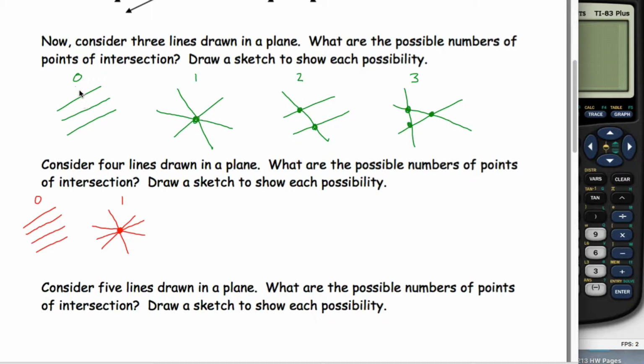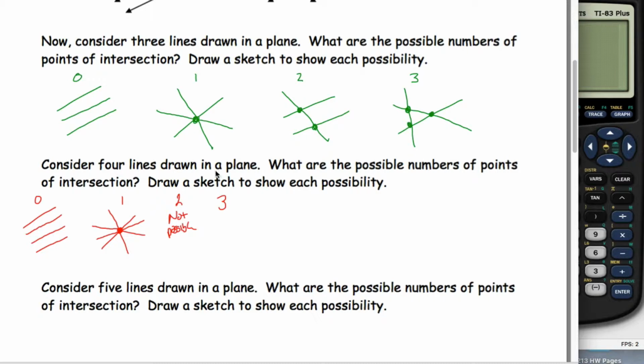If I put in a line that's parallel to any of these, it's parallel to all of them, and I'm in the 0 case. So what about 1? My only options are I could draw a line that goes right through the point I already have. Oh, that's this one. I could draw a line parallel to any of the lines I currently have, but that would add 2 more points of intersection, so I'd be all the way up at 3 already. So I don't think 2 is possible. Maybe I'll write that: 2, not possible?